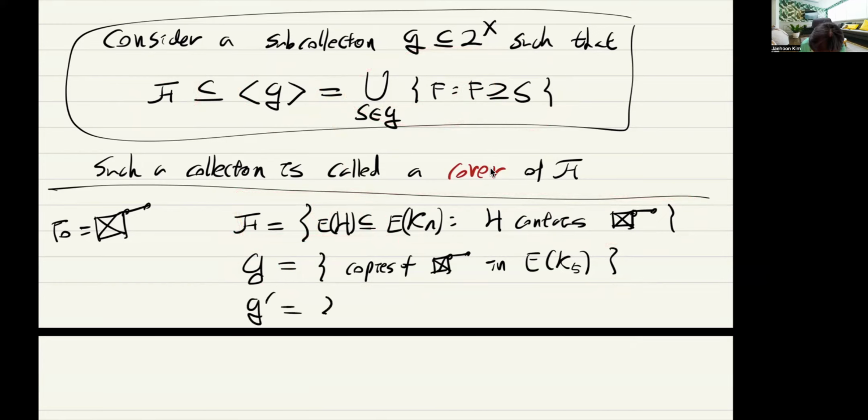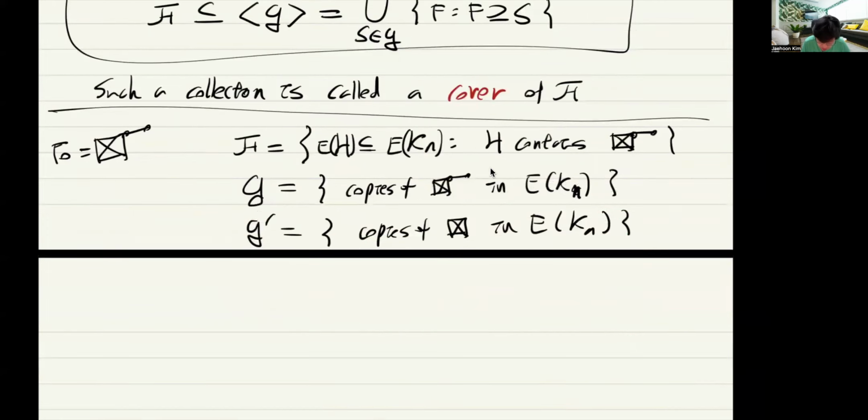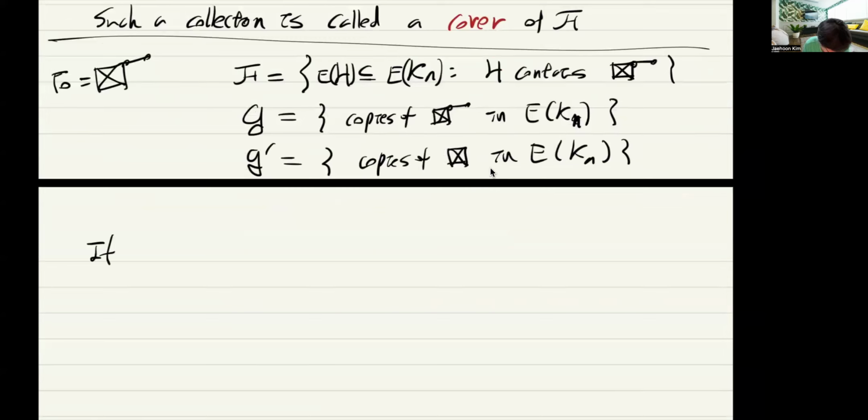Moreover, you can consider even copies of, say, K4 in this Kn, and again, this is a cover. Okay, and then what we do is the following: for all this cover, you simply compute the probability, just like before. What did we add?